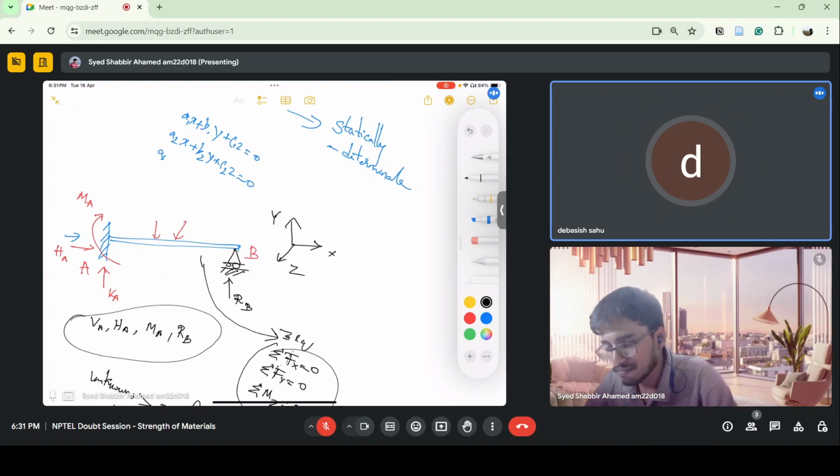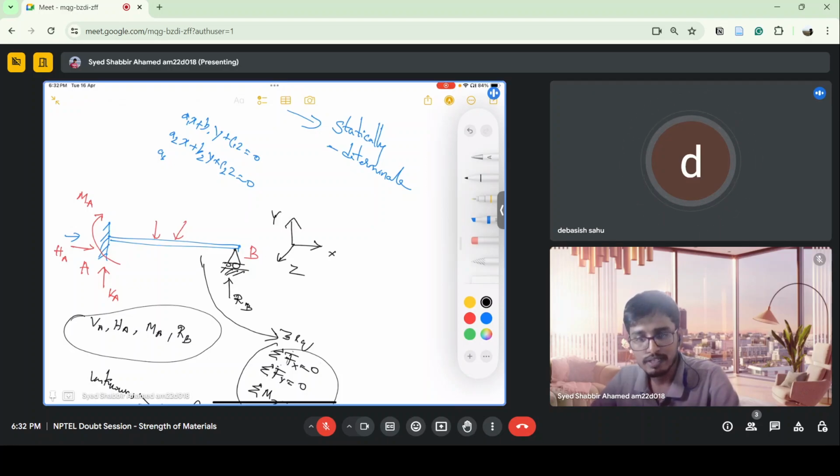Sir, another thing: whatever we study about beams, we consider all as slender members.